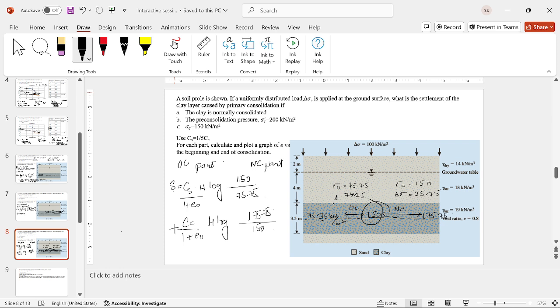So in the numerator you have sigma naught plus delta sigma. This is this in this case and this is this in this case. That is what we are doing. Okay, so let us calculate.